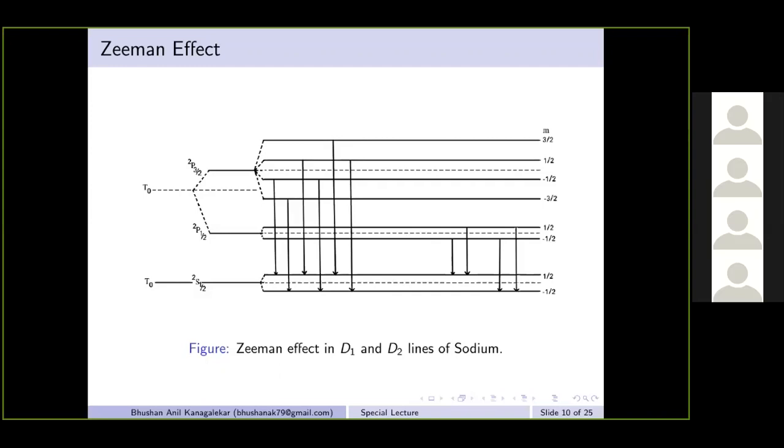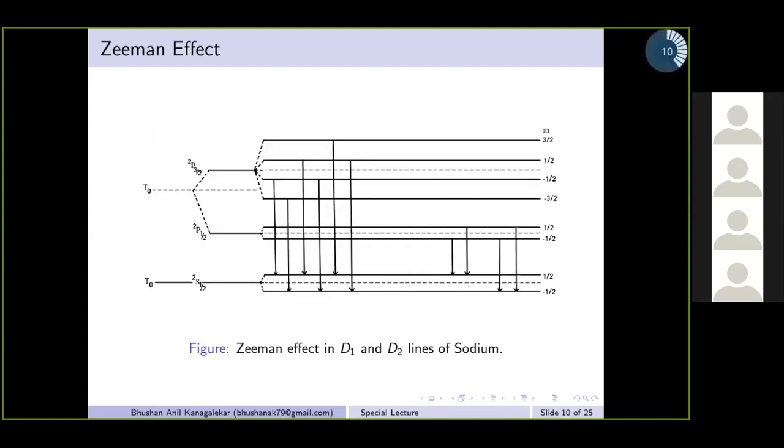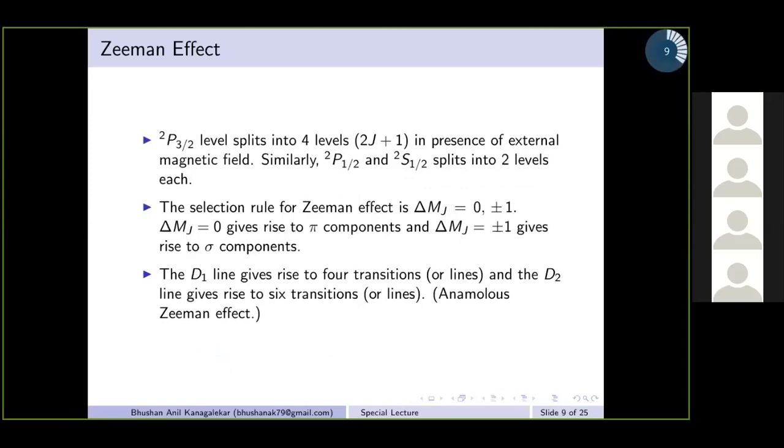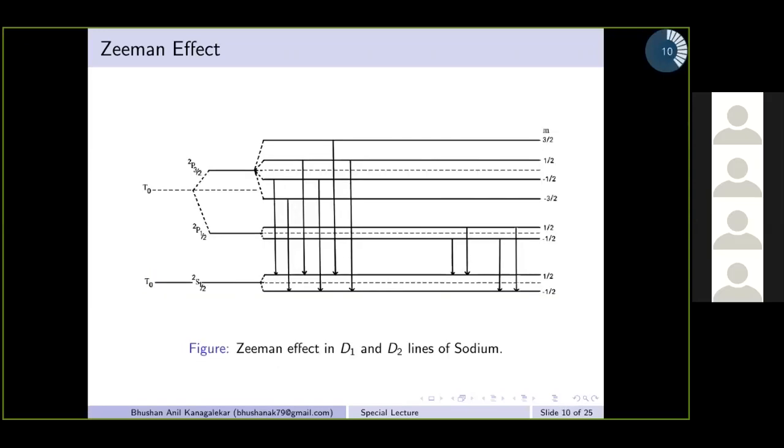So we get the D1 and D2 lines of sodium, and you can see from the figure 4 lines for the splitting of 2P1/2 to 2S1/2, and 6 lines for the 2P3/2 to 2S1/2. So like this, there are the transitions for the D1 and D2 lines of sodium. Okay, so D1 and D2 lines of sodium split into 4 and 6 lines respectively.